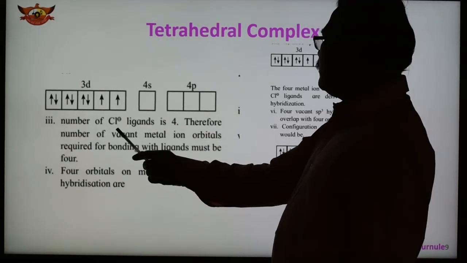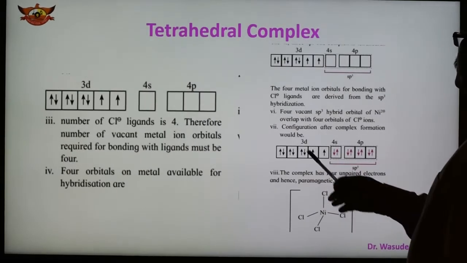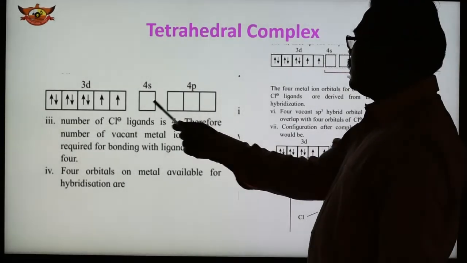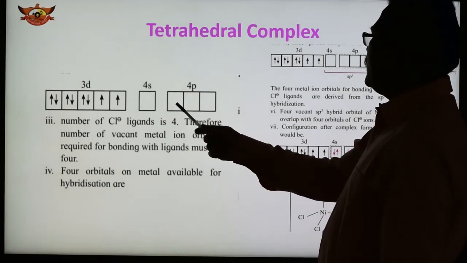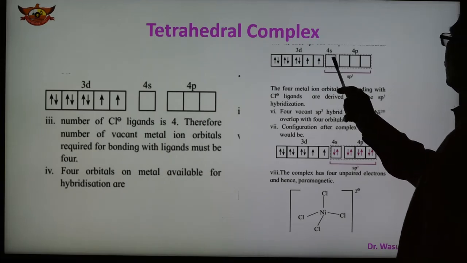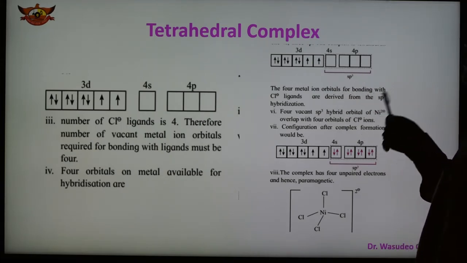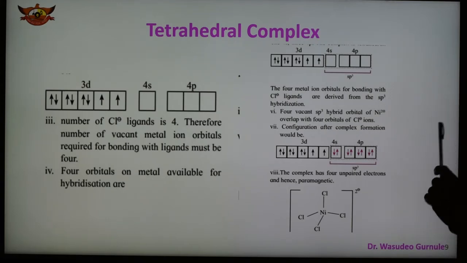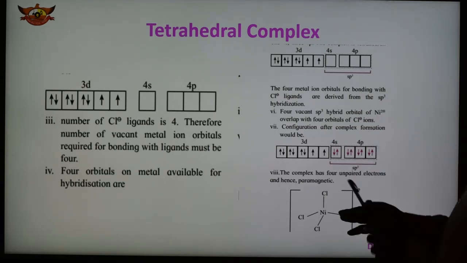Now we require 4 vacant orbitals, and in this case the 1 4s and 3 4p orbitals are already vacant, and therefore the 1 4s and 3 4p orbitals undergo hybridization, forming 4 sp3 hybrid orbitals of equivalent energy and shape. So there is no excited state.